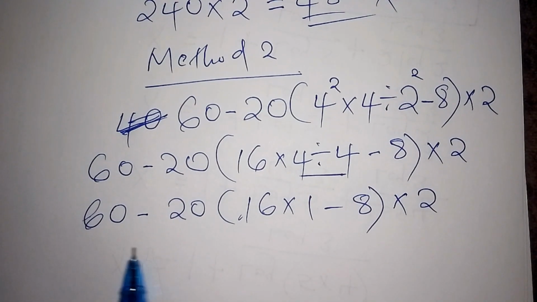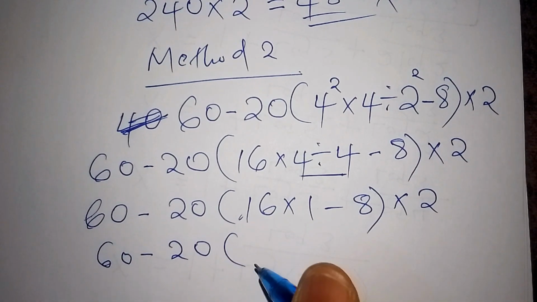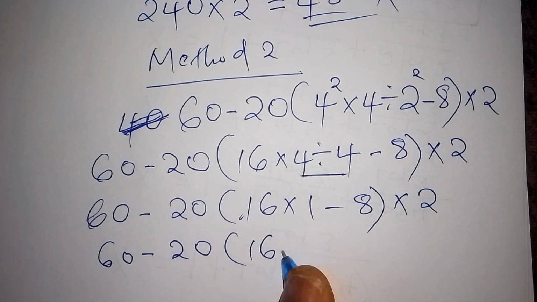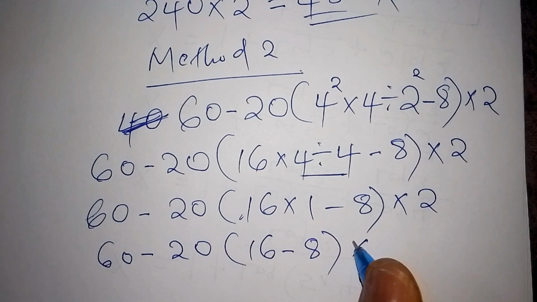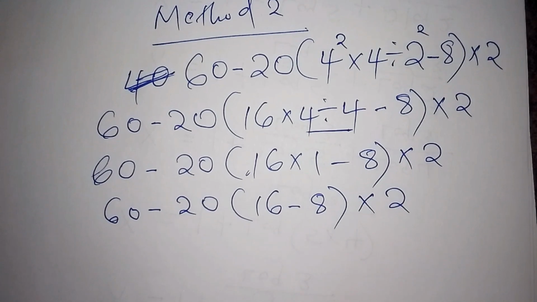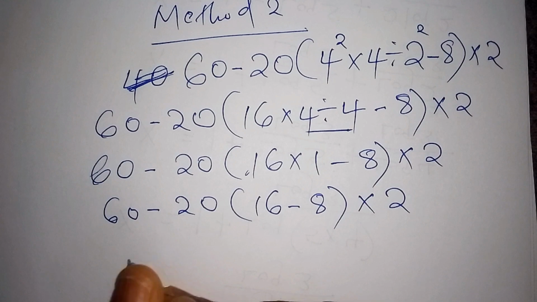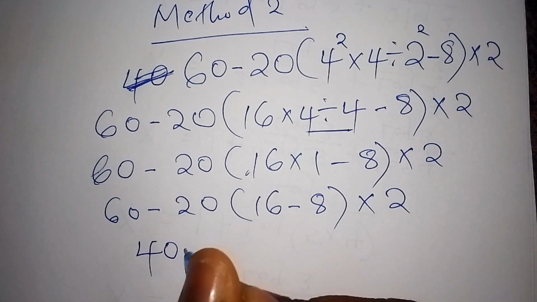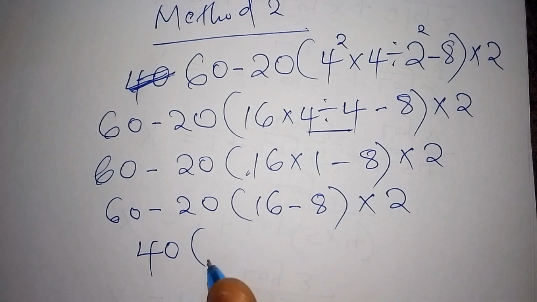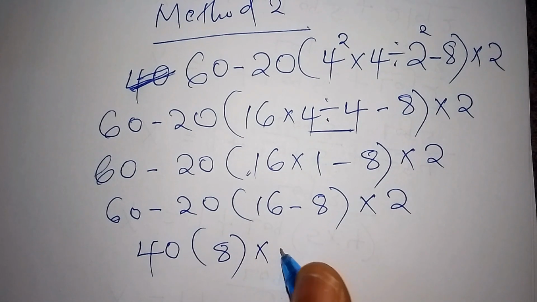So 60 minus 20 is 40, then we work out 16 times 1, which is 16, then minus 8, close the bracket, times 2. Now 16 minus 8 is 8, then close the bracket, times 2.